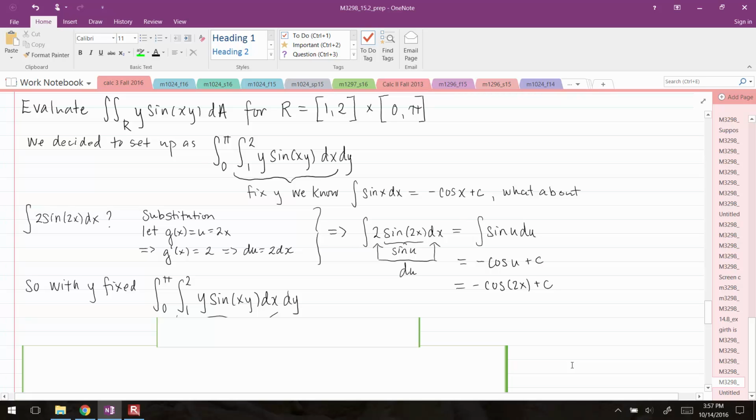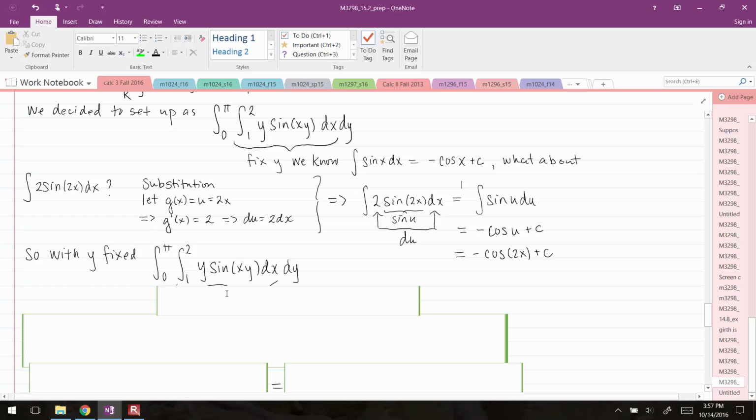So that was going to background, and now we're actually ready to do this integral in this section. So here we go, for real. The y is fixed, like the 2 up here. With substitution eyes on, our g of x is u equals xy. Taking the derivative of that, and this is not legit notation, but we're just going to go with it, when I do the derivative of xy with respect to x, I get y.